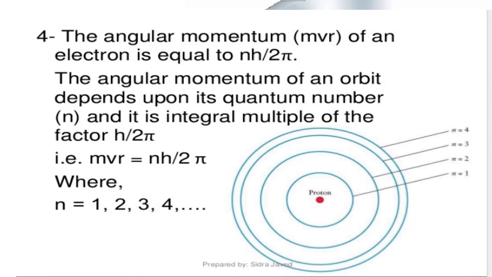Angular momentum, the product of mass, velocity and radius of an electron, is equal to nh over 2 pi, means the energy depends upon, what to say, the angular momentum जो है वो इलेक्ट्रॉन का वो डिपेंड करता है in which orbit it is residing. हर ऑर्बिट का रेडियस अलग है, ठीक है, और हर ऑर्बिट में इलेक्ट्रॉन की वेलोसिटी डिफरेंट होगी। Although mass will remain same, लेकिन उसकी वेलोसिटी जो है that will vary in each orbit.